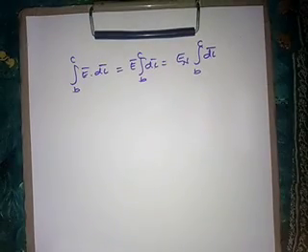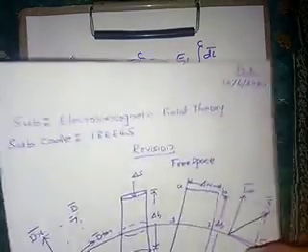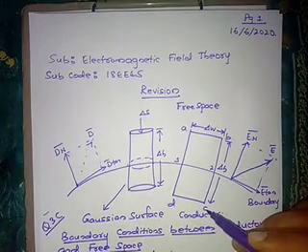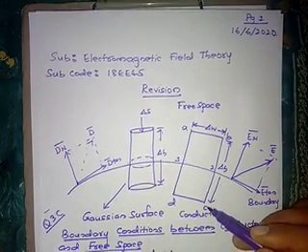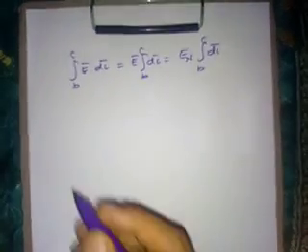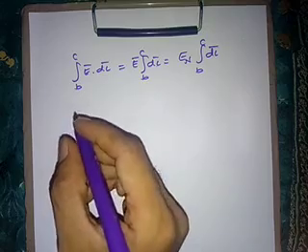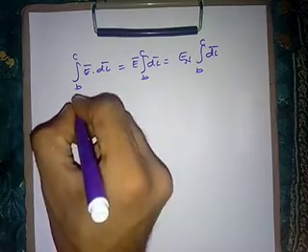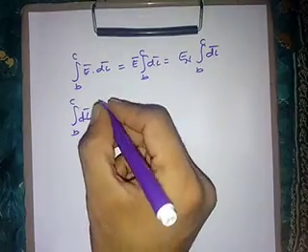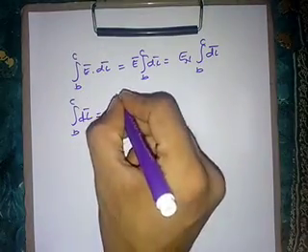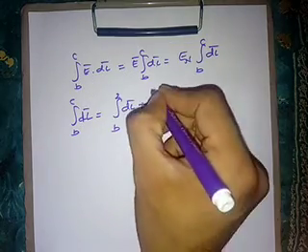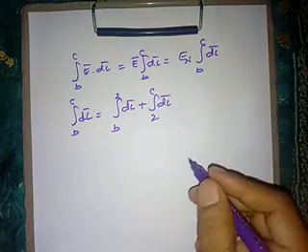Now for integral B to C dl bar, half of it is inside the free space and half of it is in the conductor. So I can write integral B to C dl bar as B to 2 dl bar plus 2 to C dl bar.